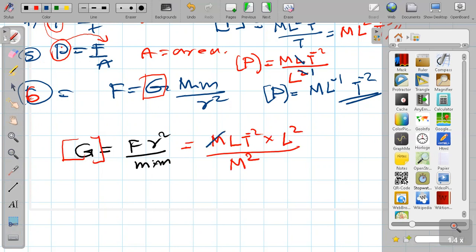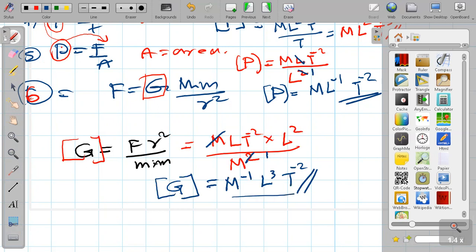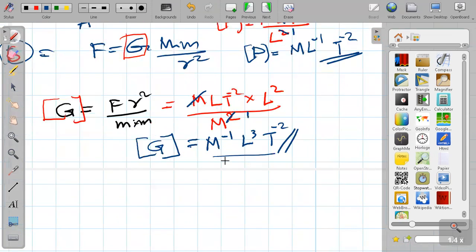One M and one M cancel, so one comes up. So the unit becomes M minus 1, L to the power 3 and T to the power minus 2. That is the dimension of what? Dimensions of the universal gravitational constant. Copy this.